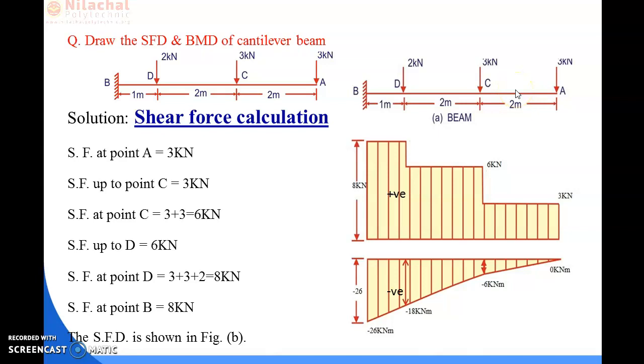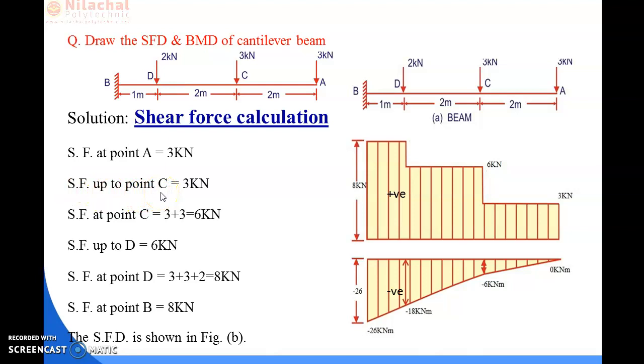So we can say the shear force at A will continue up to point C. So the shear force up to point C is unchanged, that is 3 kilonewton, which we already got from the shear force at point A.